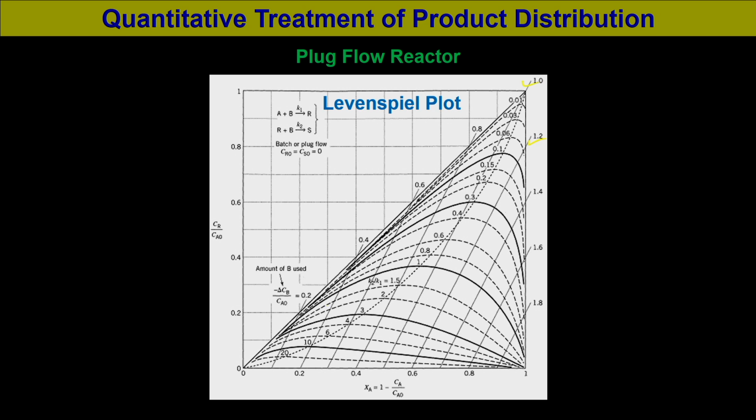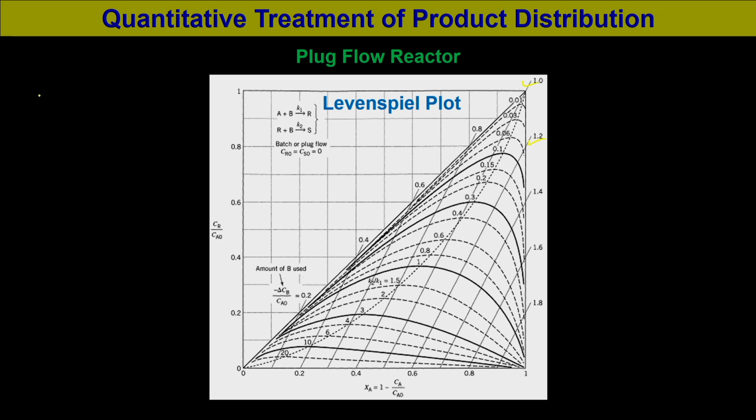This plot is based on the equations we have derived. Kinetically we can calculate K2 by K1 values for a particular reaction. So, this can be done from the experiments.